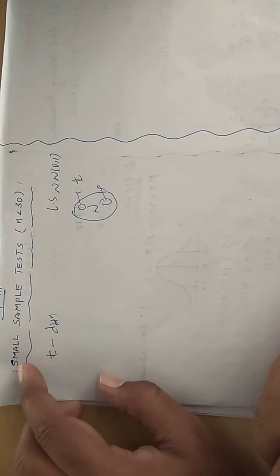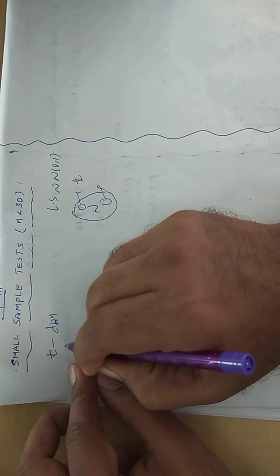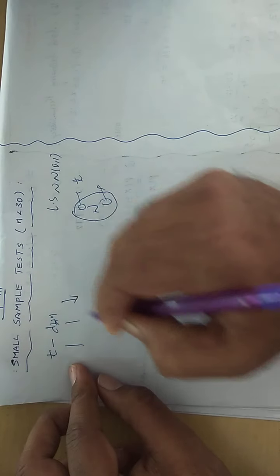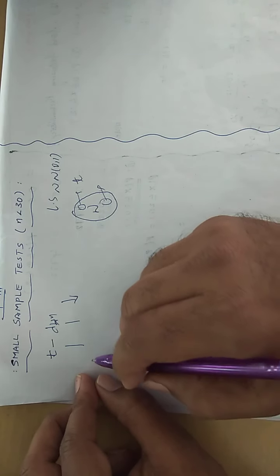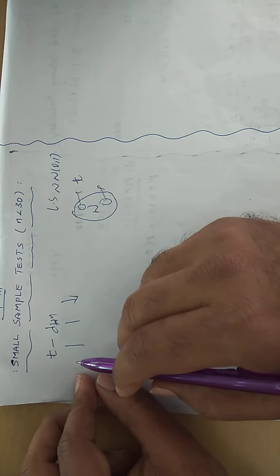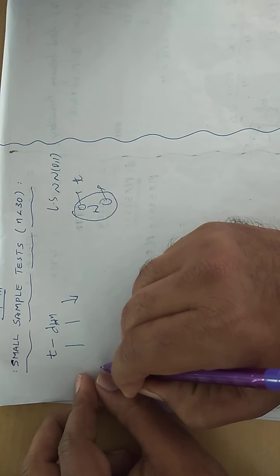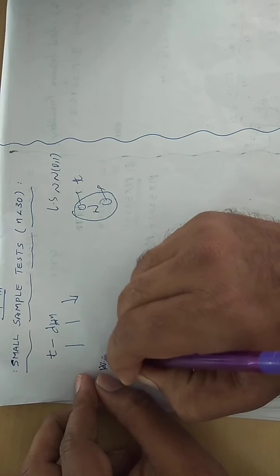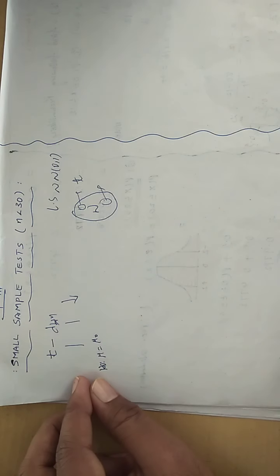So based upon the t distribution you got the t-test. The t-test has been divided into three types. In the first test we compare the population mean with a given value, so the null hypothesis is mu is equal to mu naught.